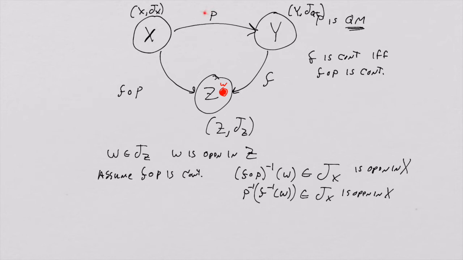Now we use the fact that p is a quotient map, and Y has the quotient topology. And remember what that meant. That meant that O is open in Y if p inverse of O is open in X.